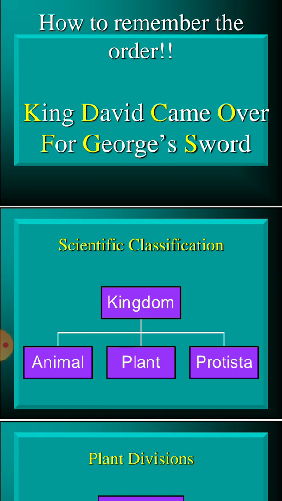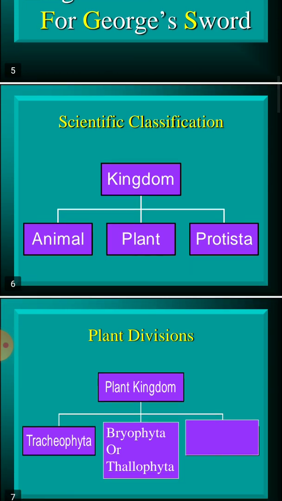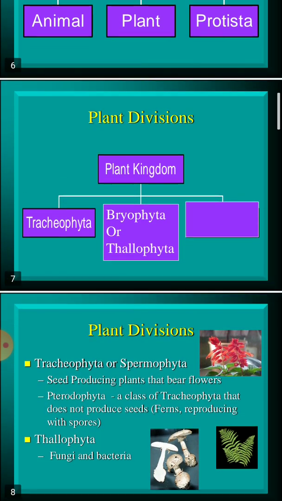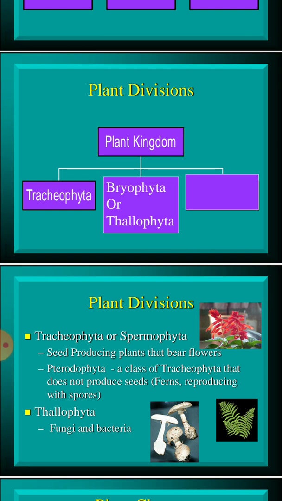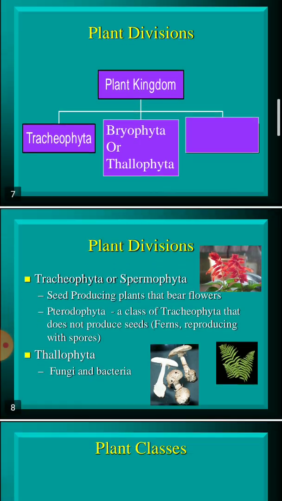for species. If we talk about the scientific classification, we have three kingdoms: animals, plants, and protista. Plant divisions: the plant kingdom basically divides into Tracheophyta, Bryophyta, Thallophyta, and also into Spermatophyta, or flowering plants.